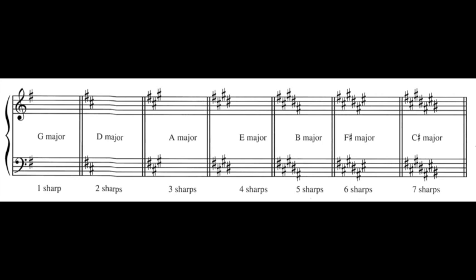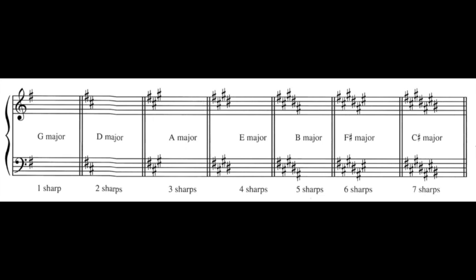There are 7 key signatures using sharps. In each case, the name of the major key can be found by going up a half step from the last sharp. So we see here a number of different key signatures that have sharps.